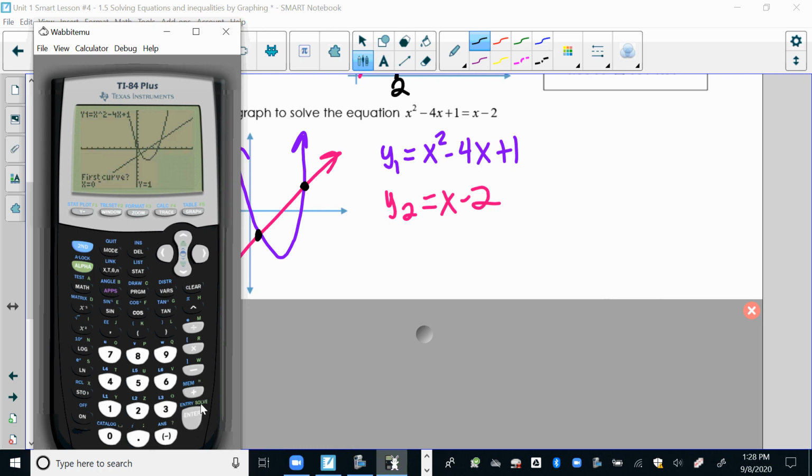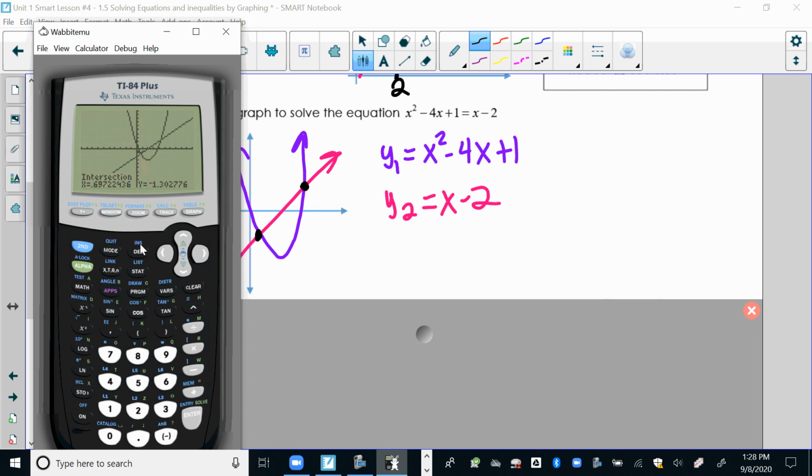Since there's two intersections, you have to be a little more specific when you're selecting your curves, so your calculator knows which intersection you're looking for. Right now, I'm going to find the intersection that is further to the left, so when I select my curves, I want them to be near that intersection. My cursor is right here at (0, 1), really close to that first intersection. So select my first curve, select my second curve, one more for good luck.